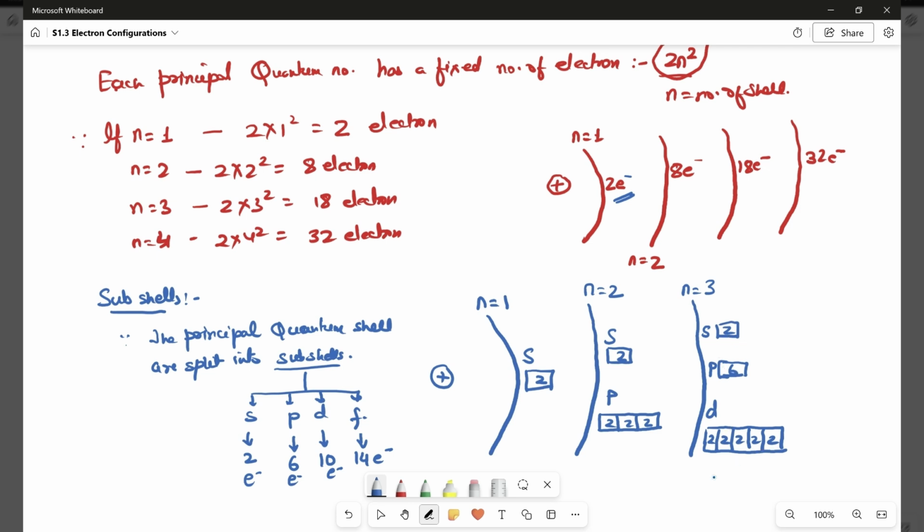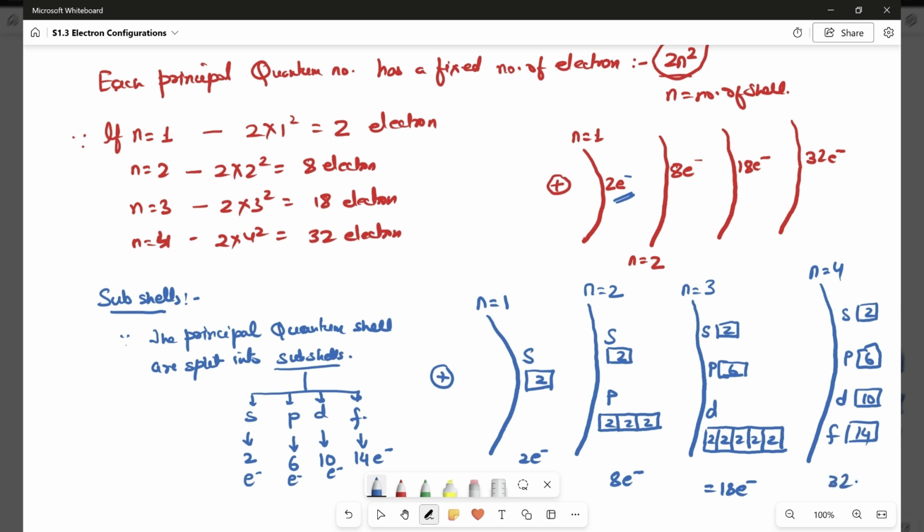If you count, we get 18 electrons here, 8 electrons here, and 2 electrons here. In the fourth shell, n equal to 4, s has 2, p has 6, d has 10, and f has 14. If you add all that, you get 32 electrons.